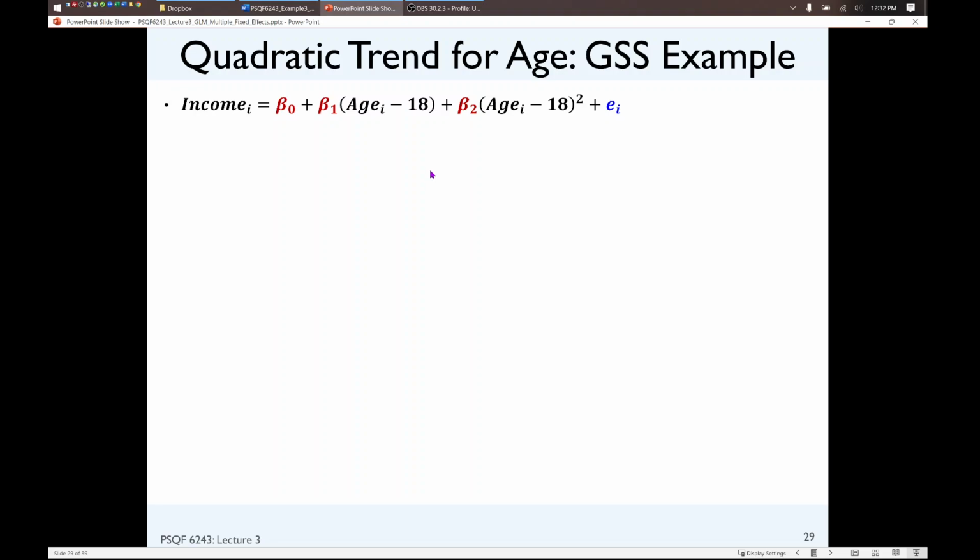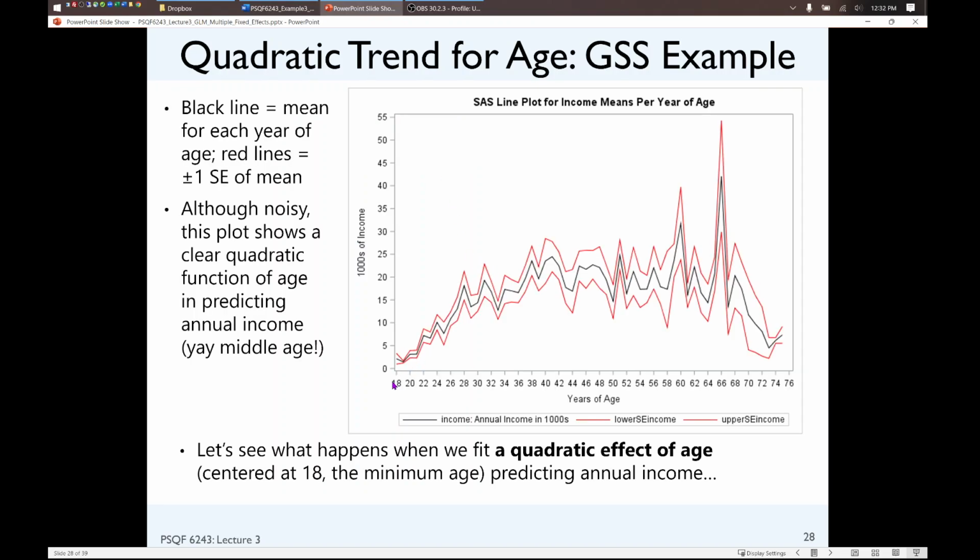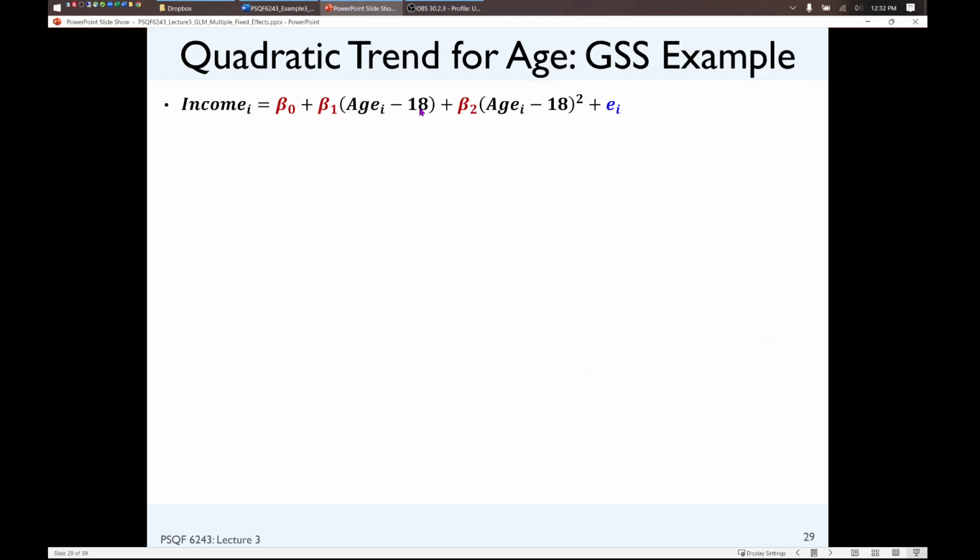So if I fit a model for age, the minimum age in this sample is 18 and the maximum is 76. So I'm going to center my age variable so that my income that's being predicted by the intercept is a meaningful value. I'm going to pick the minimum value this time rather than a middle value, so we can talk about what happens as age increases. Or this is a cross-sectional sample, so these are age differences, not age changes, but nevertheless.